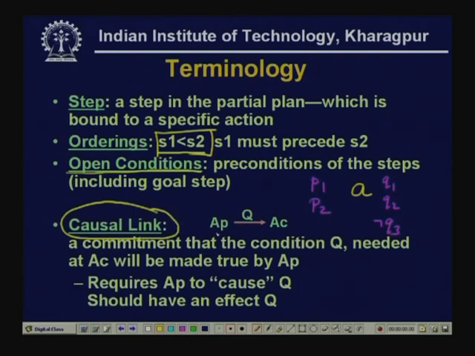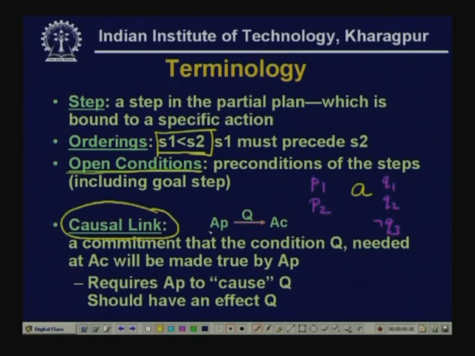Now, we will say that AP to AC on Q is a causal link on Q if the step AC has a precondition of Q, and this precondition is met by the step AP.